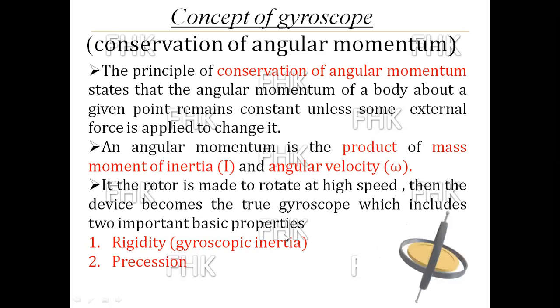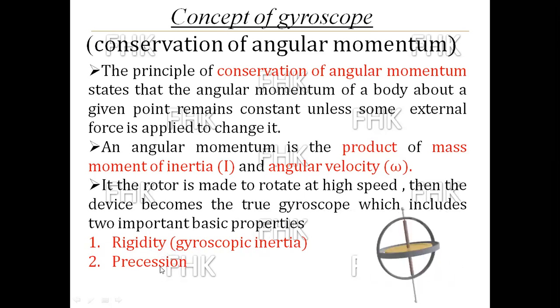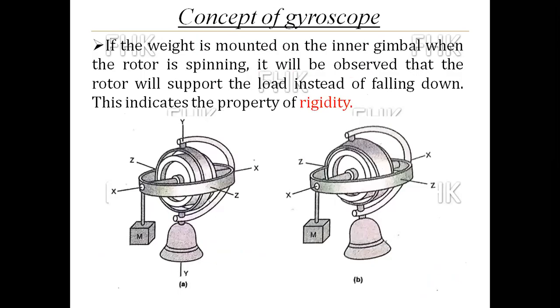That means if you rotate any mass at high speed, that device becomes a true gyroscope. The first property is rigidity and the second one is precession. Now one by one, let us see what rigidity is and what precession is.